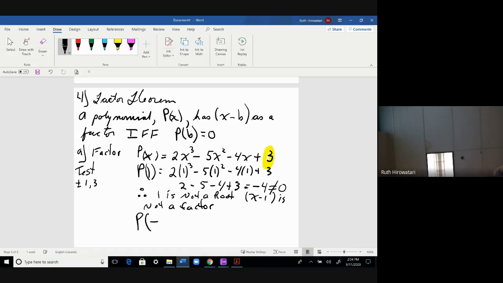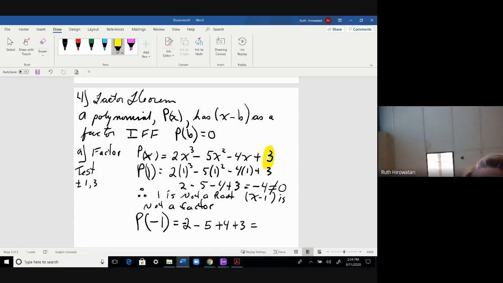So then you test the polynomial at -1. That would give you 2 times -1 cubed. I'm not going to show you all the substitution. I think you understand. It's just going to make that number negative. Subtract 5 times -1 squared. Subtract 4 times -1 plus 3.